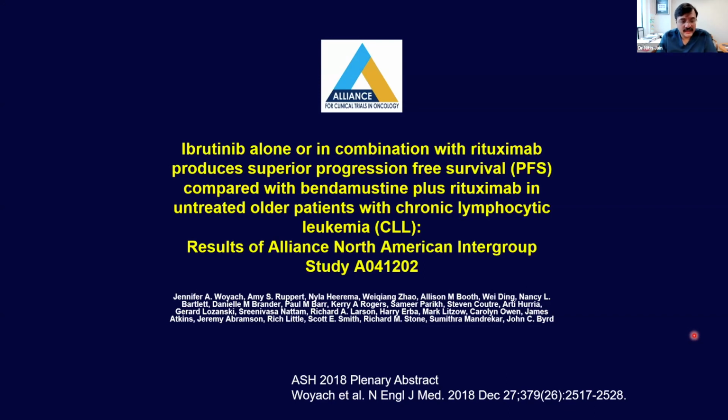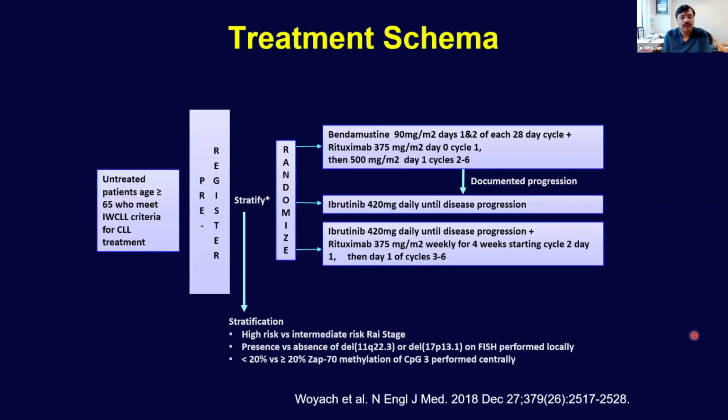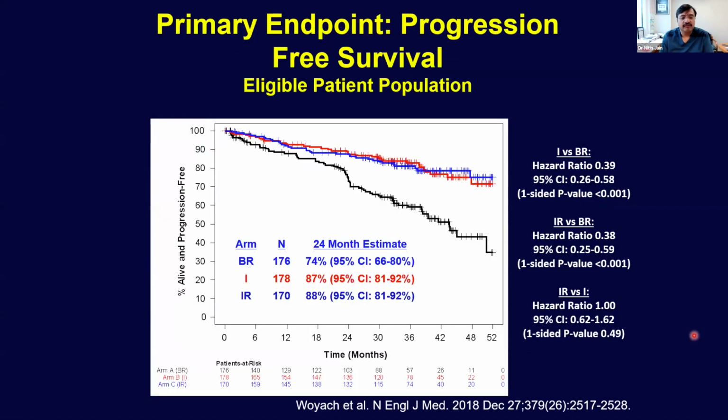But then came the Alliance trial, which was a trial for older patients where patients were randomized to bendamustine rituximab versus ibrutinib rituximab. And what the investigators showed is that for progression-free survival, both the ibrutinib arms were superior to the bendamustine rituximab arm. There was no OS benefit.